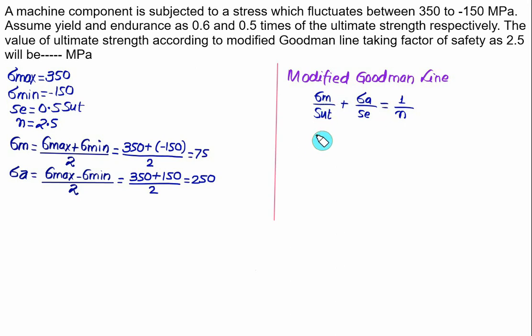We have sigma mean is equal to 75 divided by SUT plus sigma amplitude equal to 250 and the endurance strength is 0.5 times of SUT is equal to 1 upon factor of safety. Factor of safety you have to select is equal to 2.5. So this SUT can be solved comfortably, and you will get the value of ultimate strength is equal to 1500 megapascal.